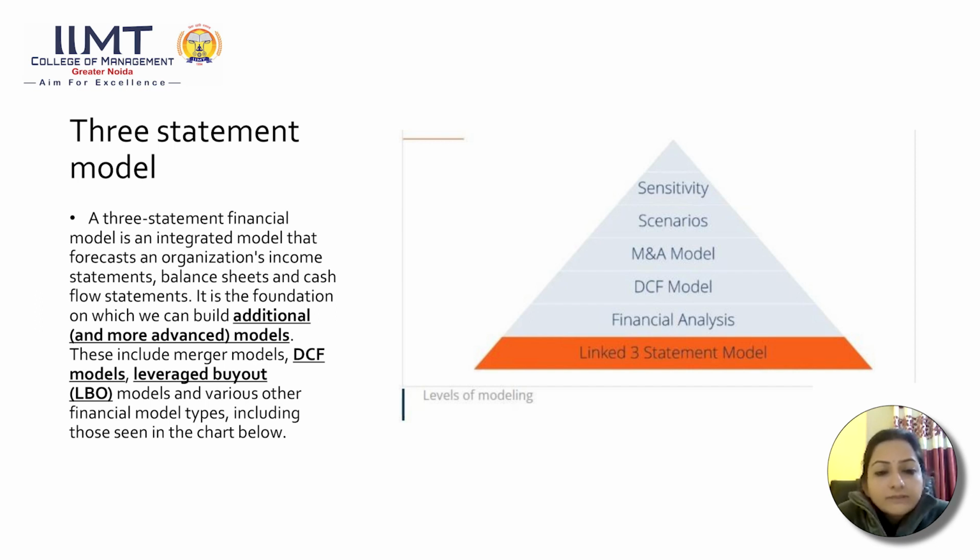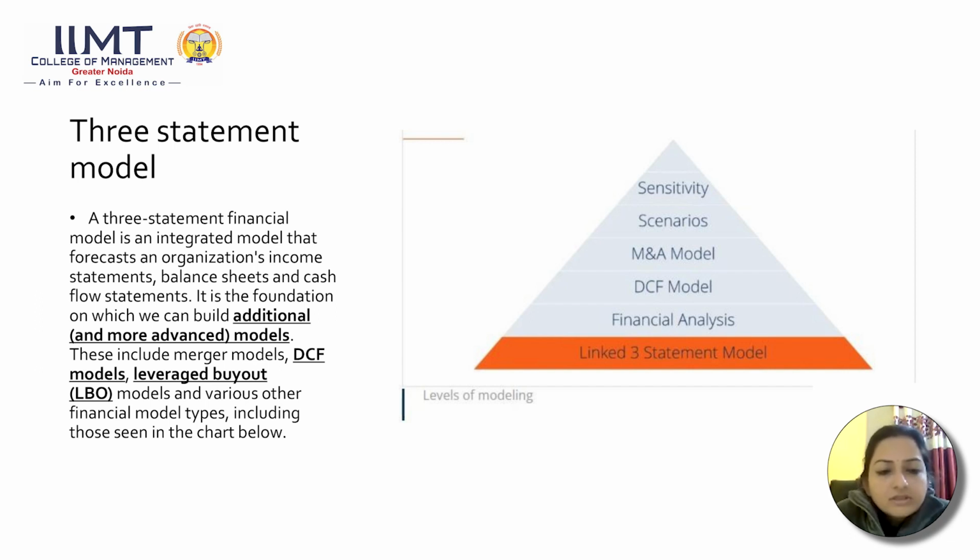The cash flow statement gives the total flow of free cash flow in the organization during a financial year. So these three statements, income statement, balance sheet, and cash flow statement, are the base statements for any organization's foundation.